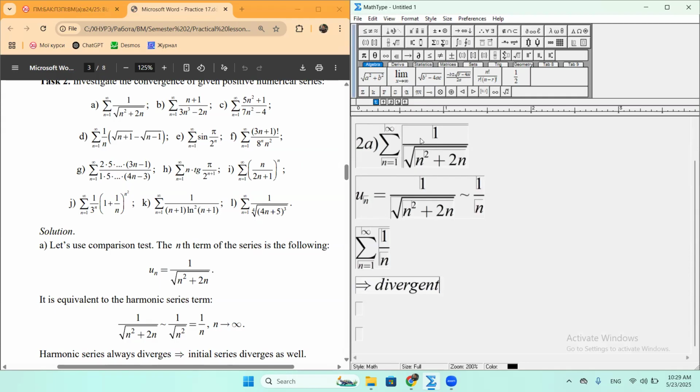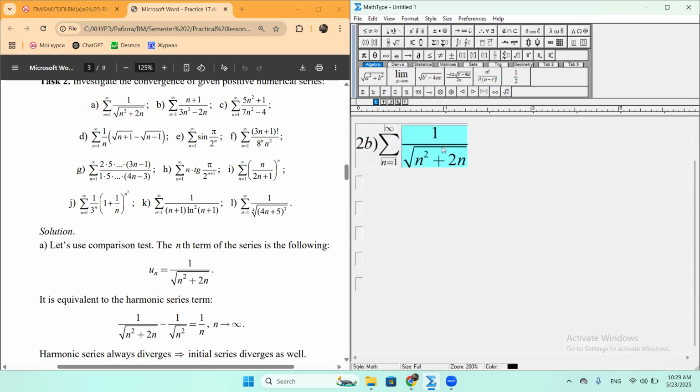Now doing the analogical exercise 2B. The series is n plus 1 over 3n cube minus 2n.